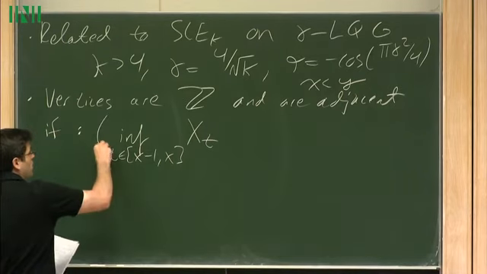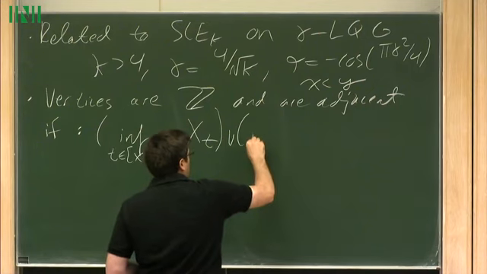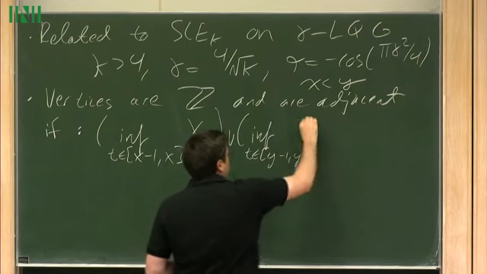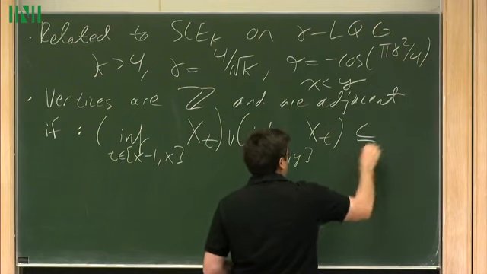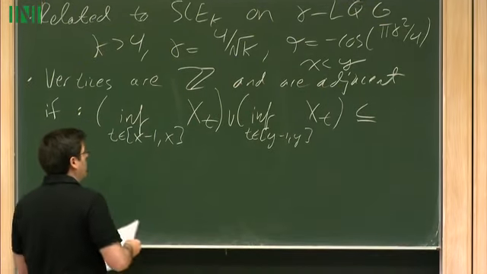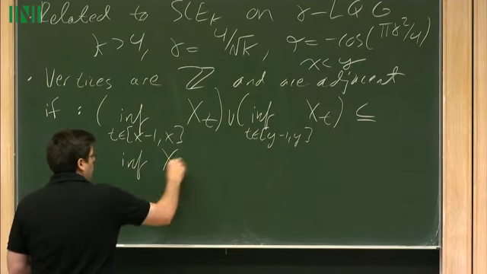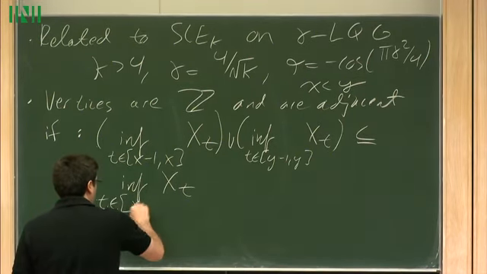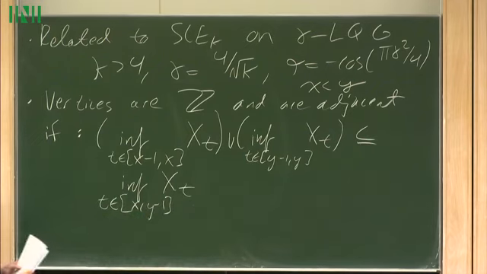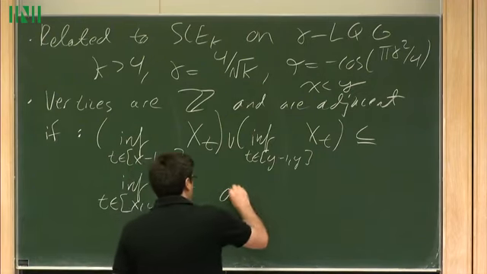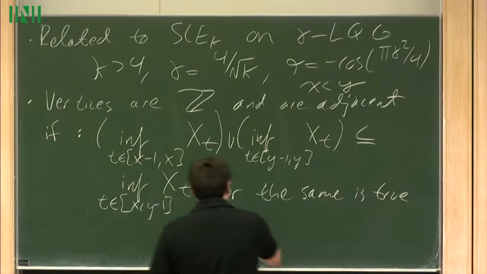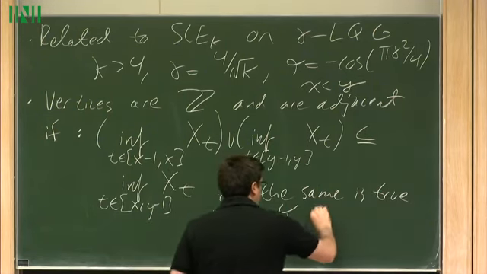What you need is that the maximum of the infimum of the values that X takes on in the interval from x minus 1 to x, and the infimum that X takes on in the interval from y minus 1 to y, should be less than or equal to the infimum that X takes on when t is in the interval from x to y minus 1. Two vertices are going to be adjacent if this condition holds, or the same is true with Y in place of X.